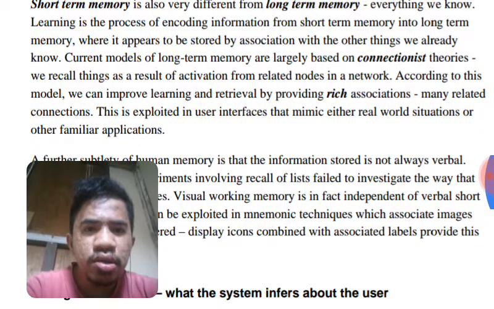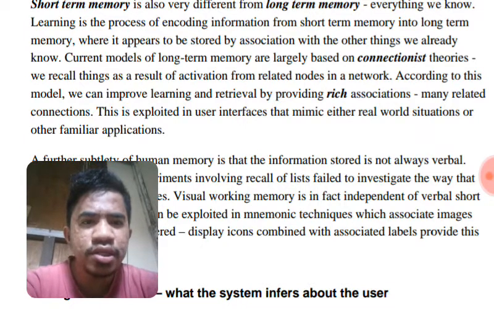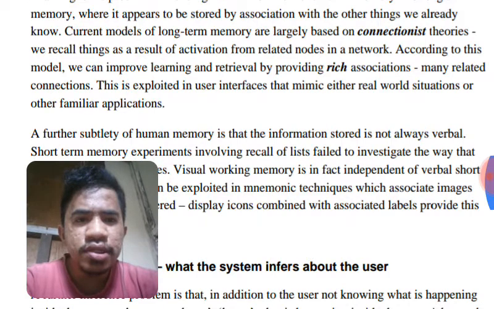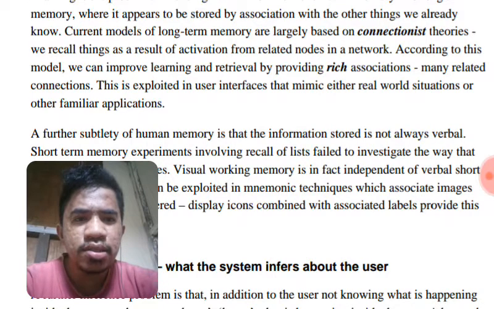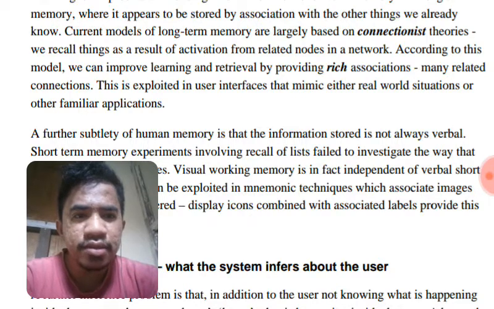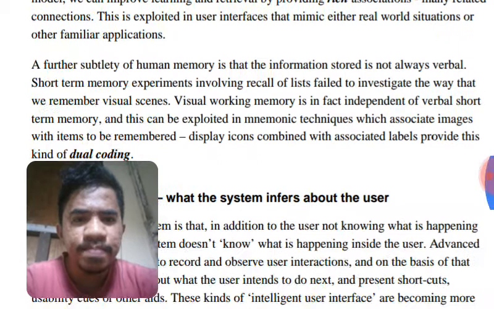We recall things as a result of activation from related nodes in the network. According to this model, we can improve learning and retrieval by providing rich associations, many related connections. This is exploited in user interfaces that mimic either real-world situations or other familiar applications.